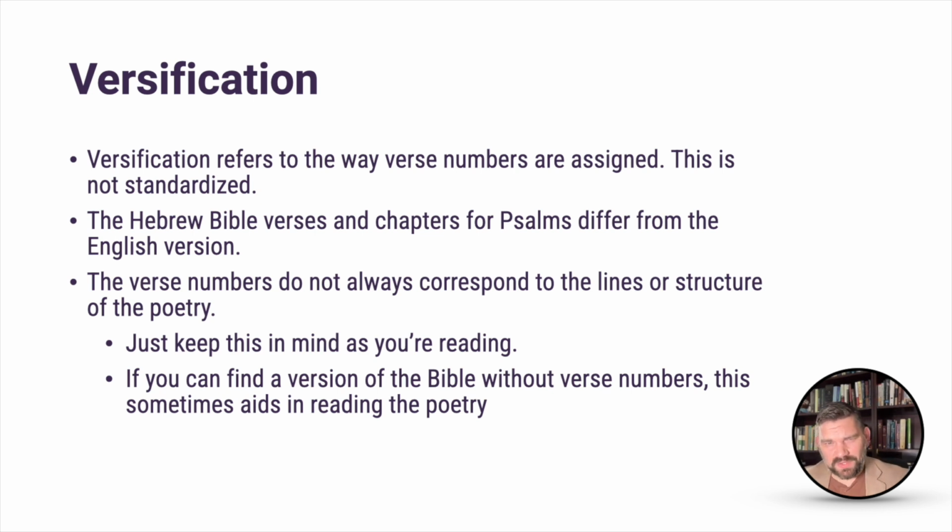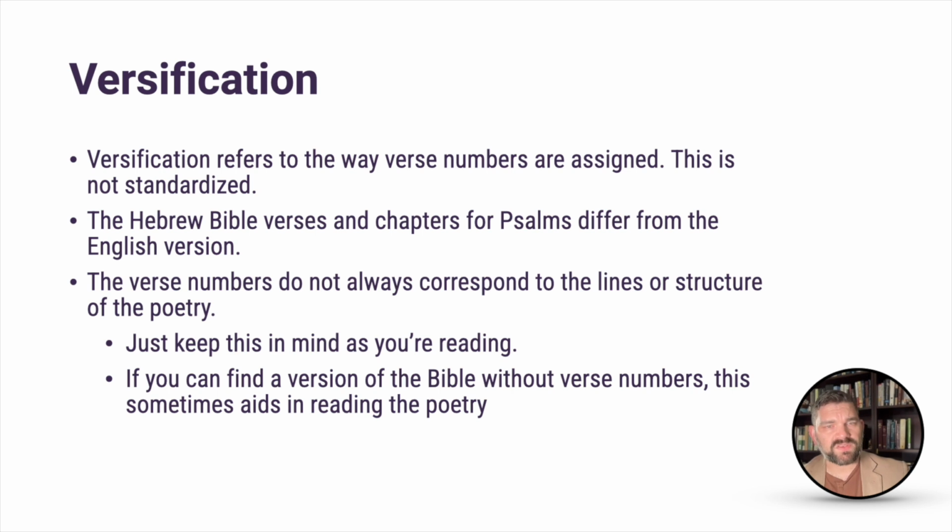Let's look at this really quickly. Versification refers to the way verse numbers are assigned, and it's not standardized, okay? I know when you read in your English versions, it looks like it's standardized. You would think it is, but in fact, we have evidence that the versifications were shifting and changing over time.